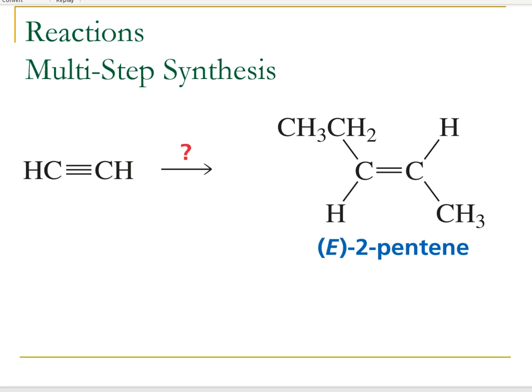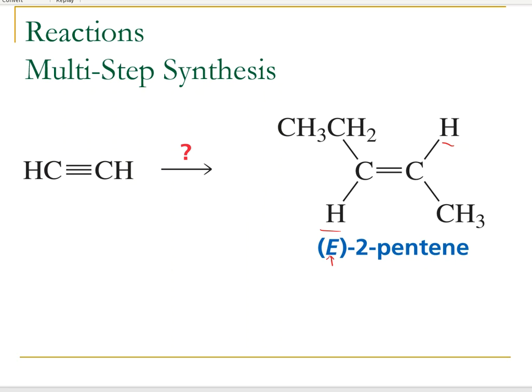Next, a triple bond has not been fully destroyed. What I have in the product side is a double bond, so I don't need to go all the way. And in addition to that, it looks like these hydrogens that I have maybe added onto the molecule are pointed in opposite directions.